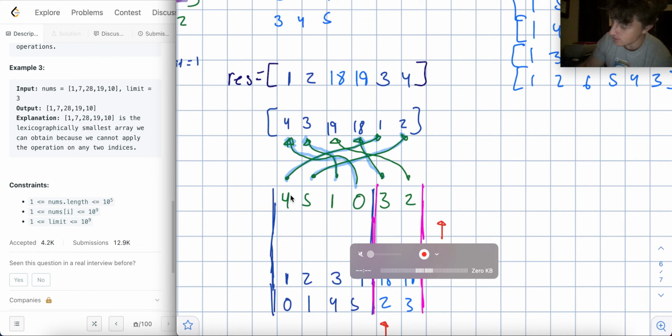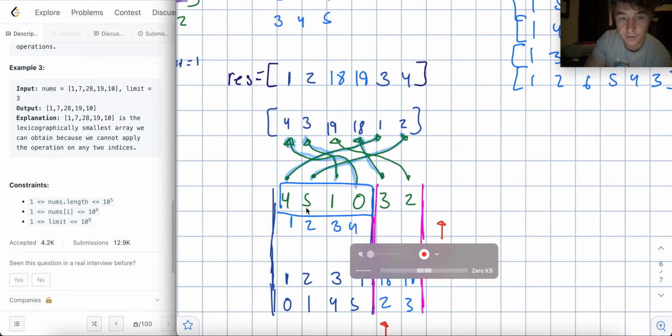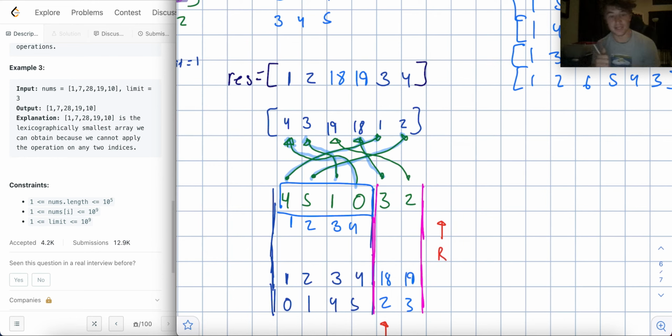So if I just look at these elements and get the nums at those elements, what's nums at 4, 2, or 1, 2, 3, 4? I'm just following up these chains: 4, 1, 5, 2, 1, 3, 0, 4. So those indices already are the sorted indices for the elements.